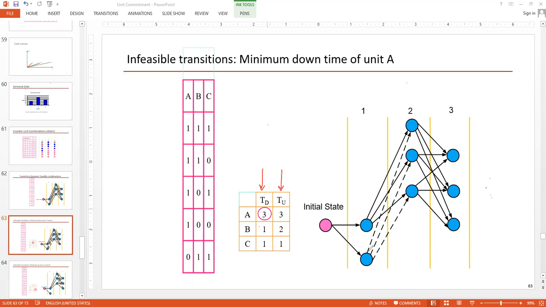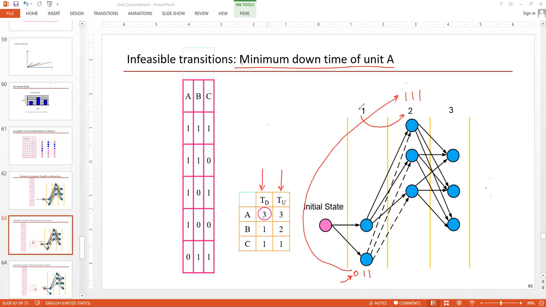So we start from here. That is the infeasible one. Why is it infeasible? Because of the minimum downtime of unit A. Remember, the minimum downtime for unit A is 3 hours. If I jump from here to there, what is the transition? I was actually at 011, and I'm jumping to 111. So unit A was off here, and it has to be turned on within 1 hour.